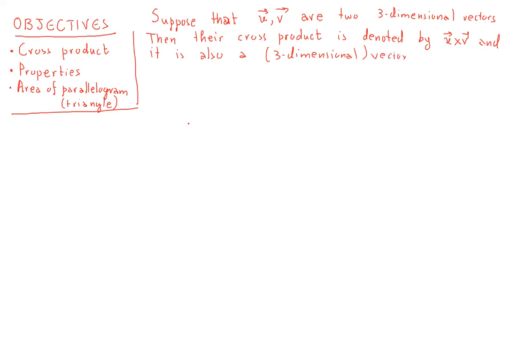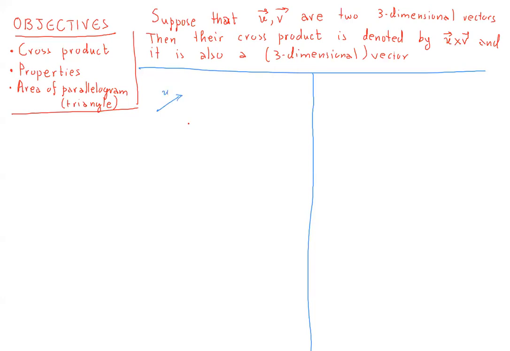And as I told you, we're going to give 2 definitions. So let's see what the 2 definitions are. Imagine that you have the 2 vectors u and v in 3D, and you force them to originate at the same point.